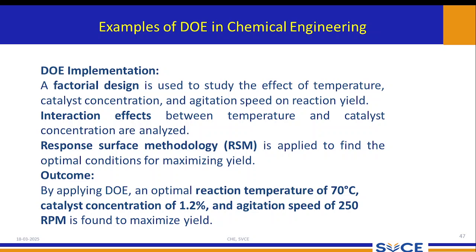The design of experiments will give you a chart, and from that chart we need to run the experimental work. While running the experimental work, we will get some values, and it will also give you a modeling equation, that is, a mathematical model of the response.